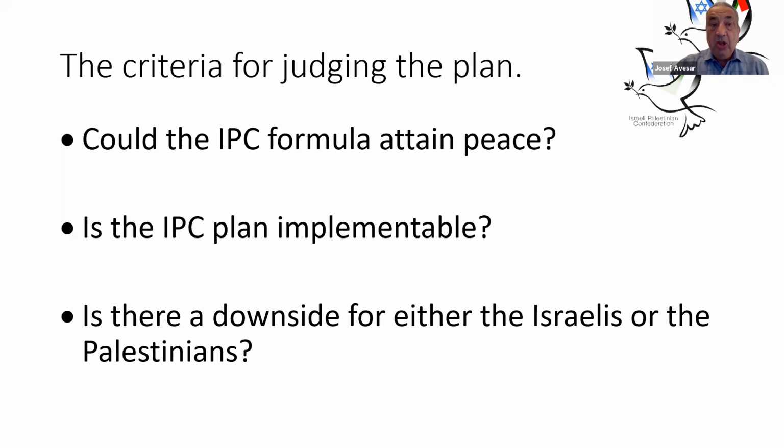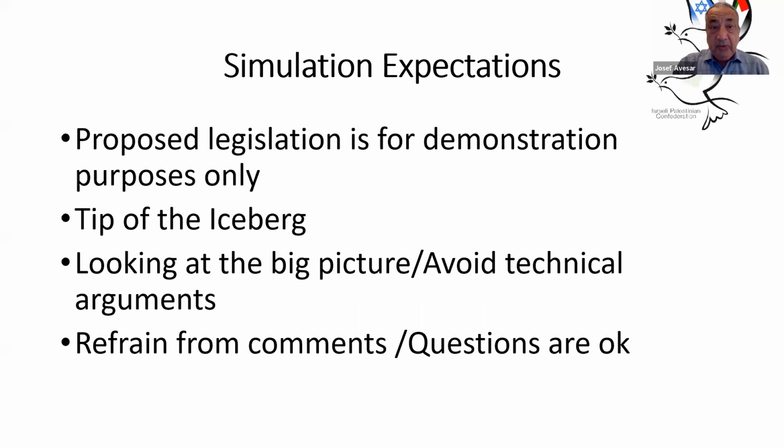That's the third one. We believe that the answer to the first one and the second one is yes, absolutely yes. And we think that the answer to the third one is no. And this is what we will be asking Mr. KUTTAB: to judge everything that we do based on these three criteria. Always come back to these three criteria.